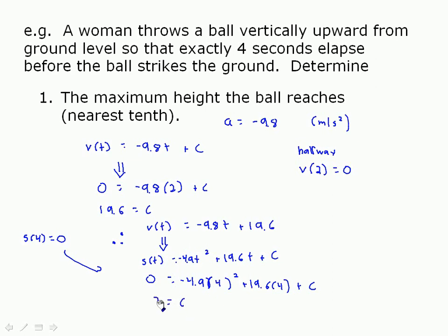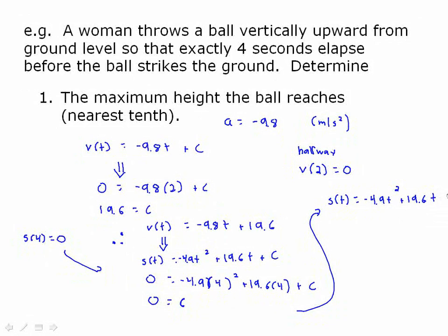Now, if you reason your way through this, it makes sense, because the position at time equal to 0 should be equal to 0 if we stick to what we said earlier, that it's being tossed from shoe height. So our formula is negative 4.9t squared plus 19.6t.